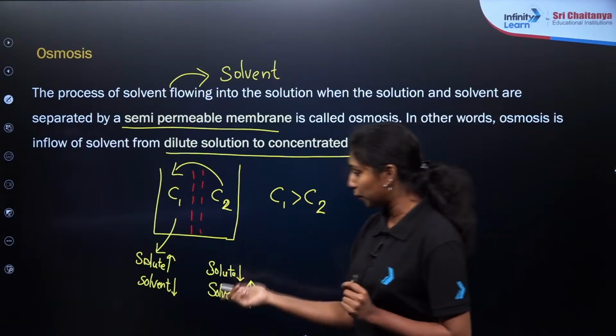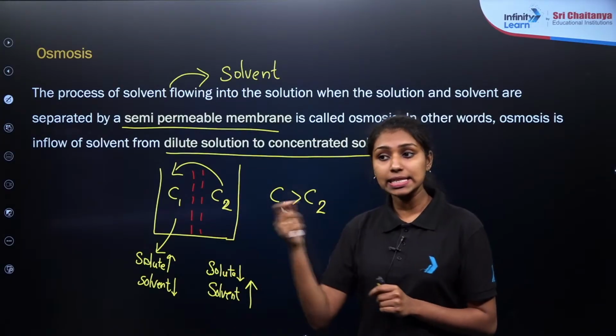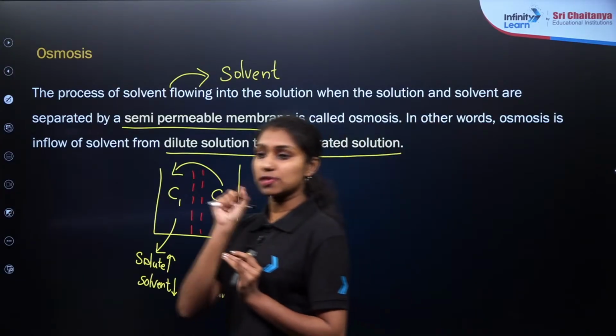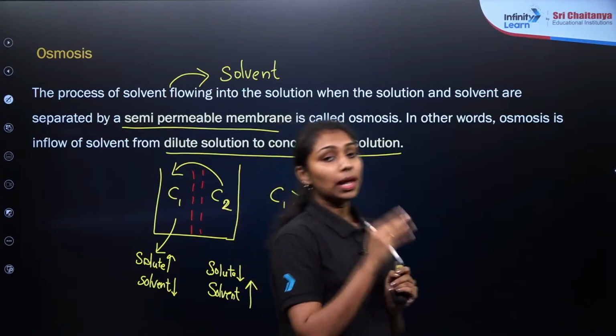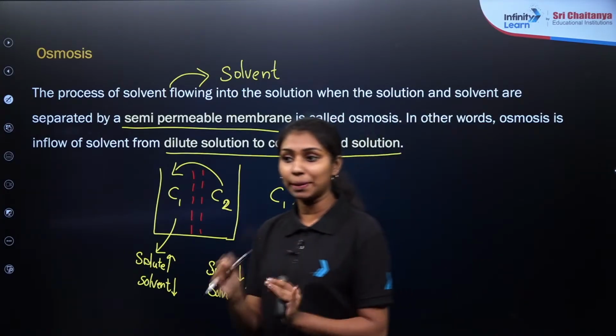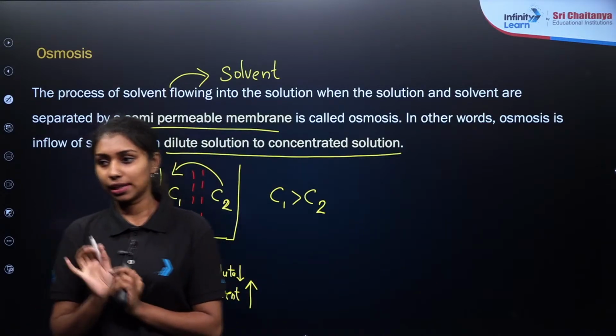But we are explaining this in terms of osmosis. If you are explaining in terms of solute, we can say that the flow of solvent particles from low concentration to higher concentration through a semi-permeable membrane is known as the osmosis process. I hope it was clear.